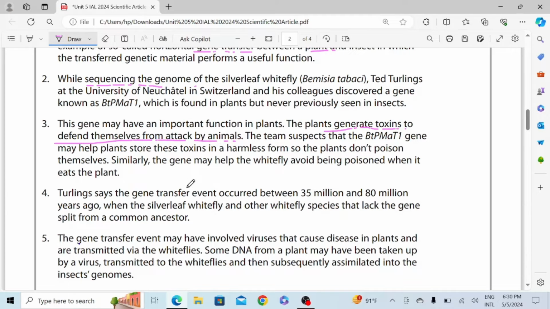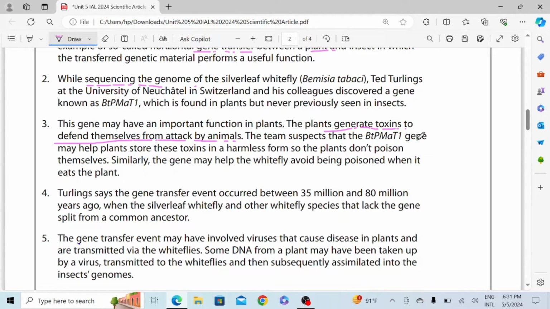You have to talk about cell destruction and poisoning and those kinds of points. At the same time, you have to understand another point that is quite obvious here, which is how the gene is helping the plant so that they do not poison themselves.